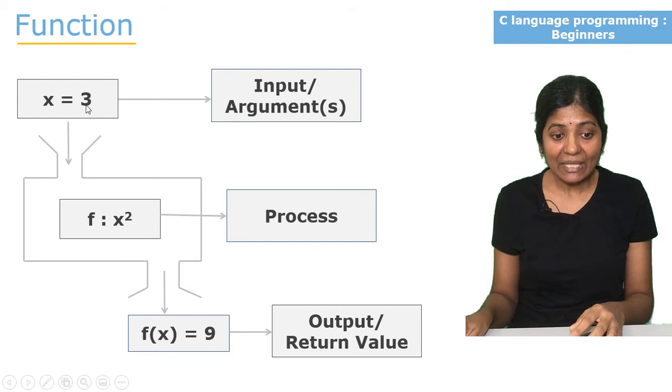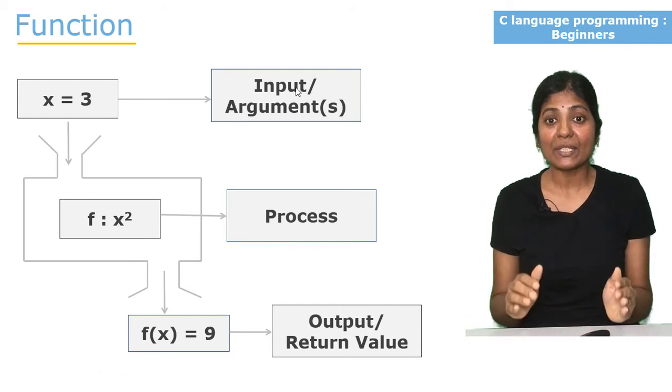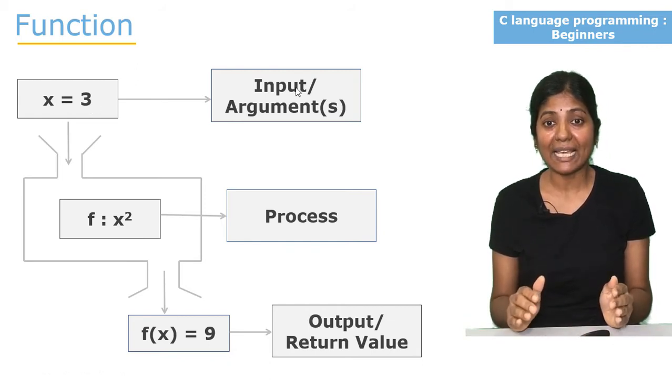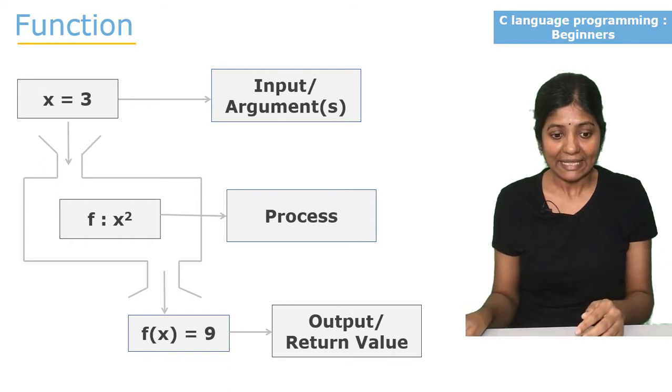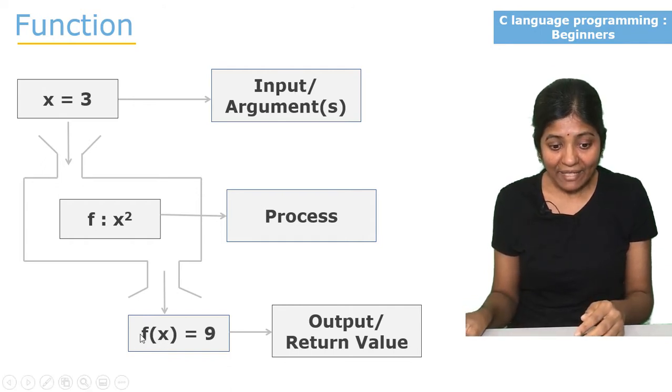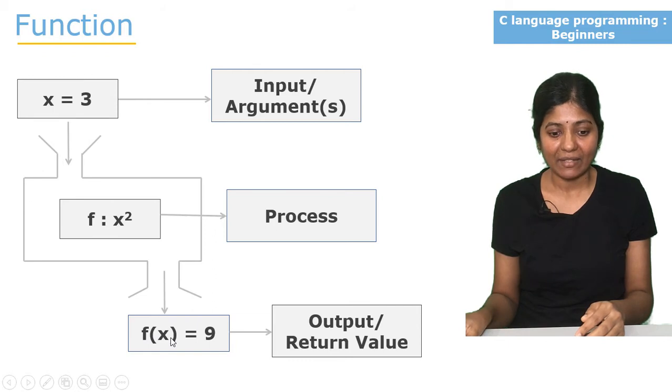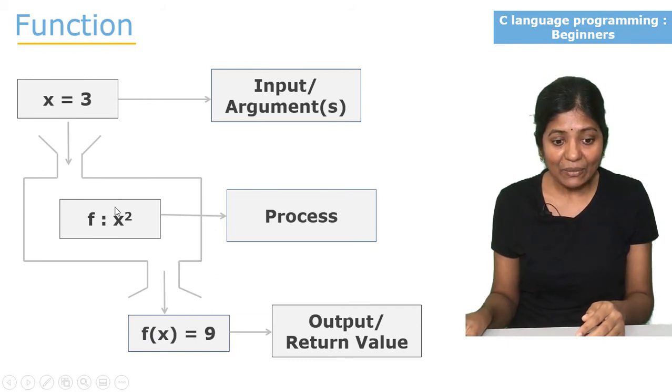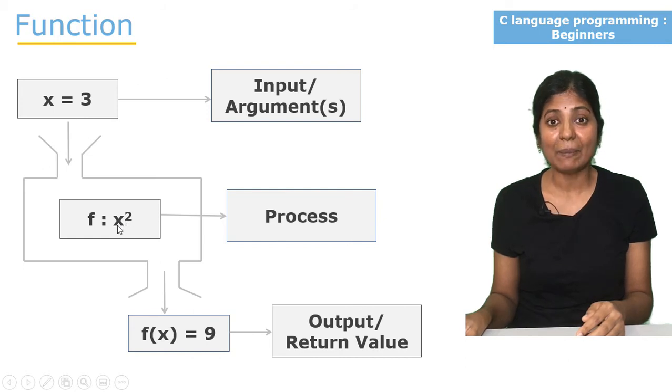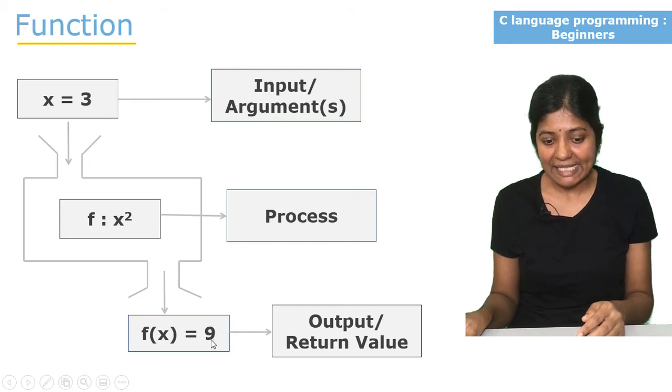Here x equal to 3, in computer words, we can call the input. Then in place of f of x, which is x square, where x equal to 3, the square will be calculated and we will get the result, which is 3 square, which is 9.